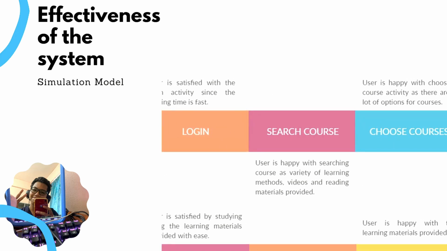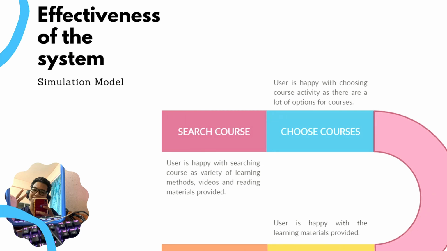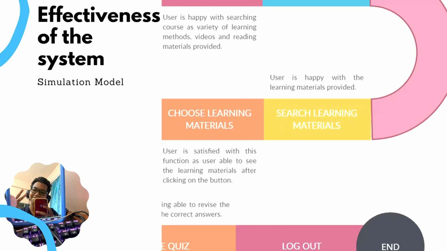Next one is searching courses, where the user is happy with this function since there are a variety of learning methods, videos, and reading materials provided. The user can also choose courses where they are happy. When choosing the courses, they have a lot of options to choose from.